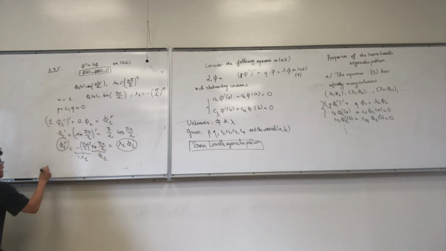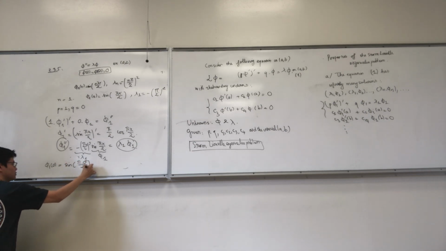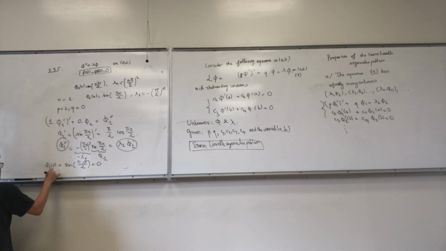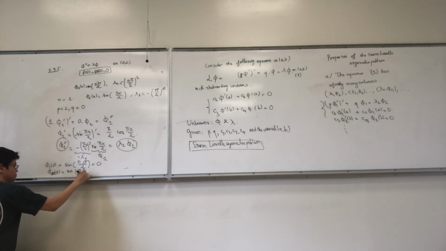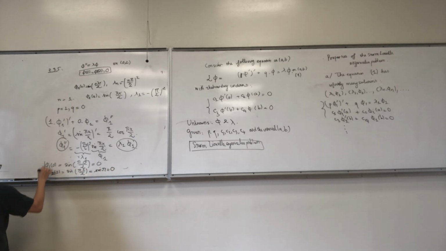So phi 1 at 0 is sine of pi times 0 over 2. This is 0. Phi 1 at 2 will be sine of pi times 2 over 2, and this is sine of pi. And this is also 0.